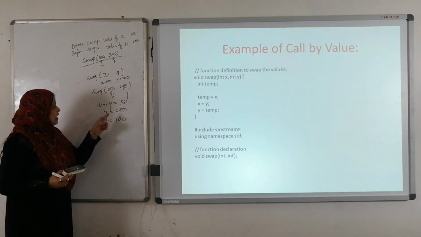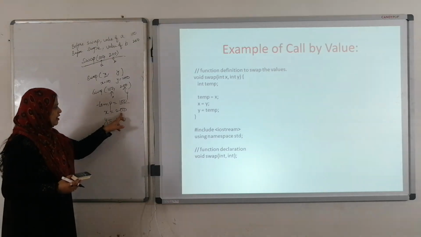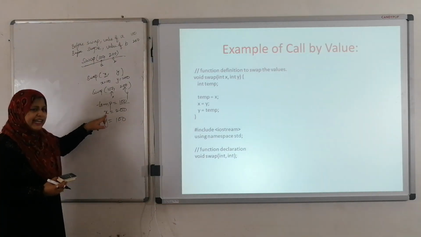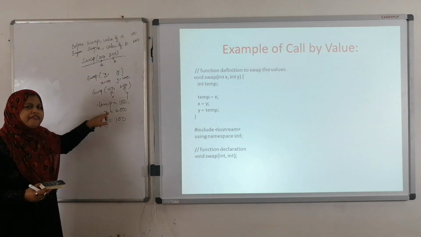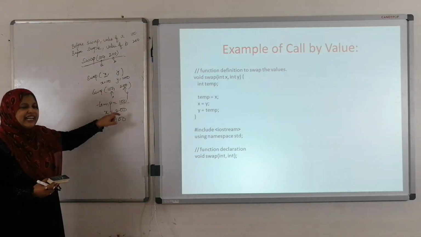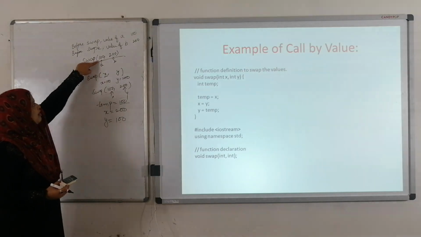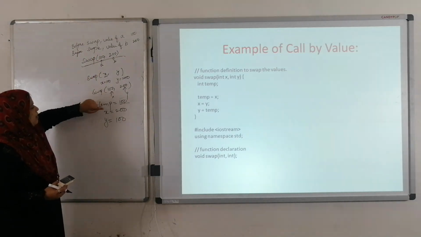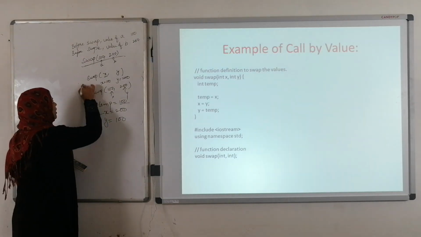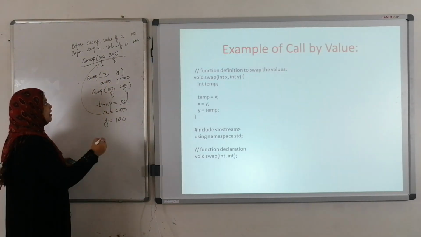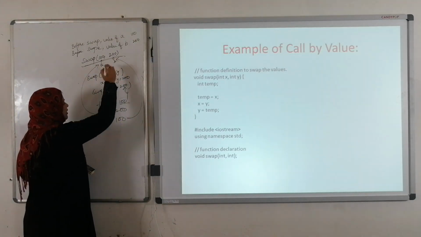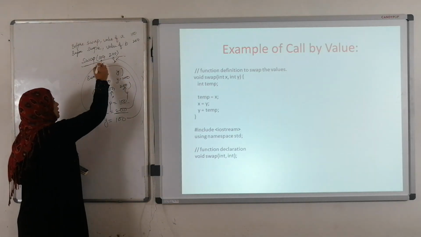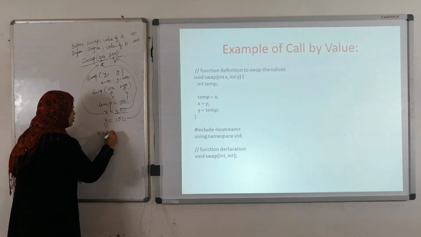Now here, x is 200, y is 100. In x, we are passing the value of a. The value of a is 100, and we are storing it in x. Then after the transfer, what is the value of x? 200.